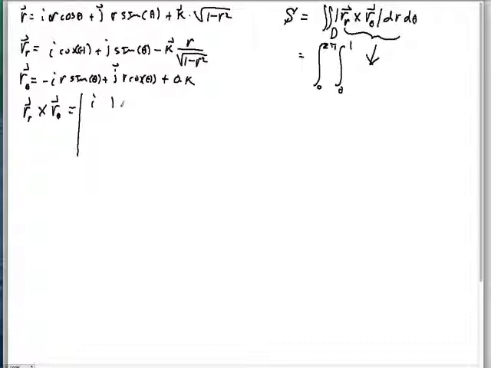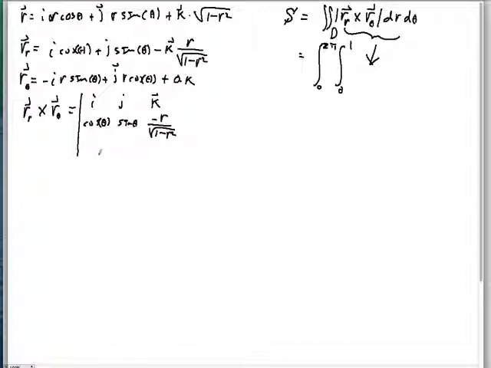I'm going to give myself a little bit more runway here. Our first row is cosine theta, sine theta, and negative r over the square root of 1 minus r squared.